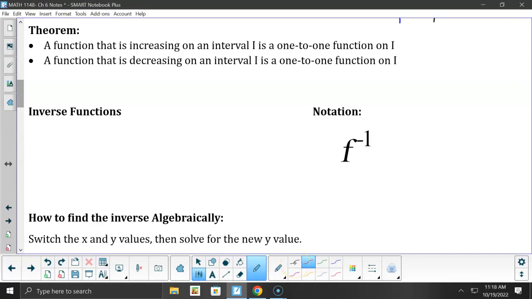Yeah. So they just call the interval I because they're math teachers. They're real creative with it.